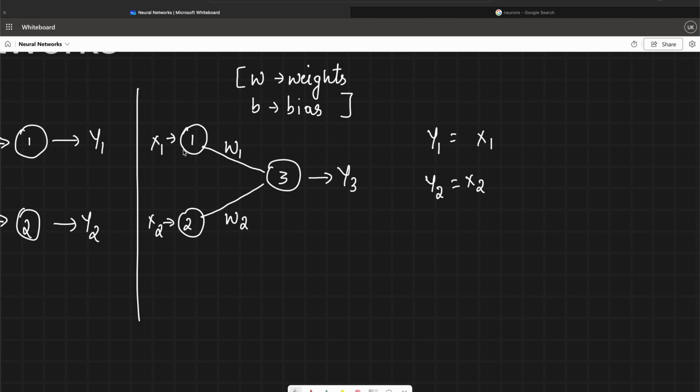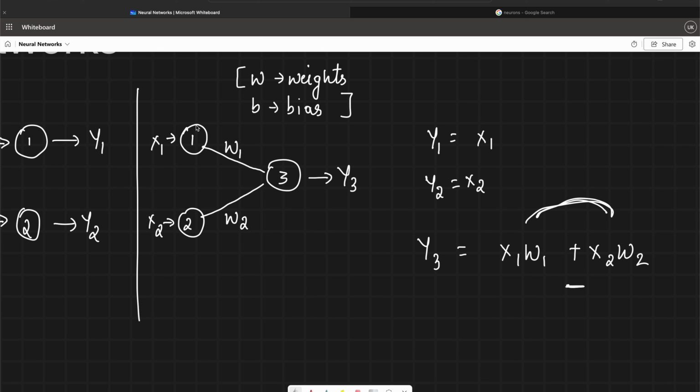It's not simply x1 and x2 like it was before. It is basically the addition of the products. Let me explain how it works. So y3 is given by x1 w1 plus x2 w2. So it's the addition of the products.